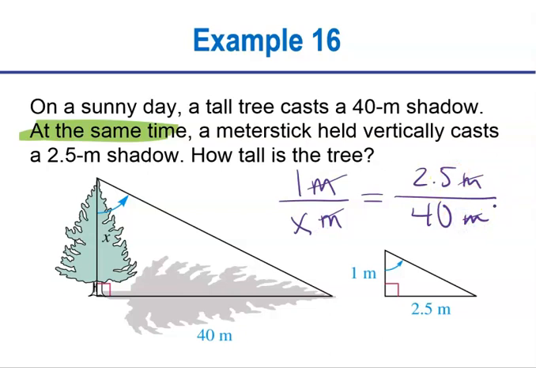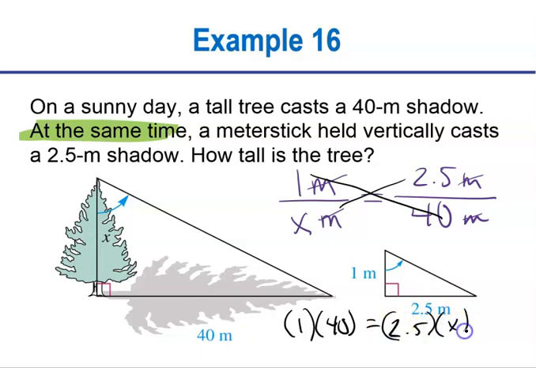How am I going to solve this problem? You know the drill. You cross multiply. When you have a proportion, we can cross numerator to denominator. So I have 1 times 40 is equal to, numerator times denominator, 2.5 times x. Well, 1 times 40 is 40, equals 2.5x. Our properties of equality allow us to divide on both sides.